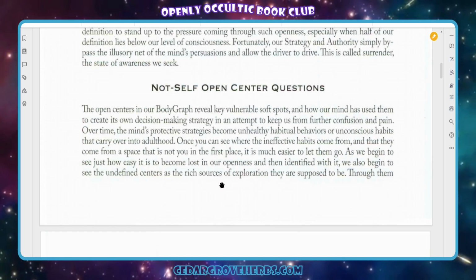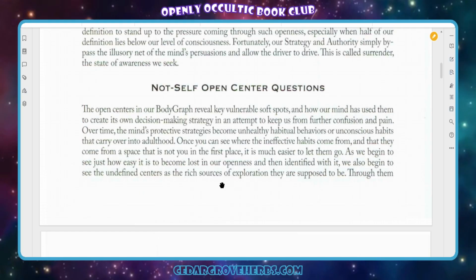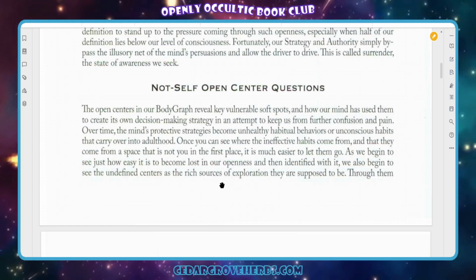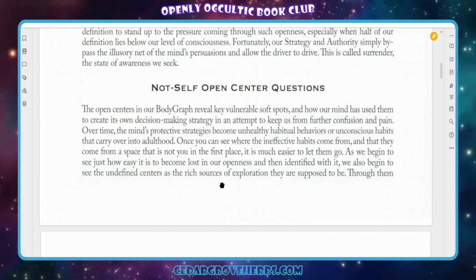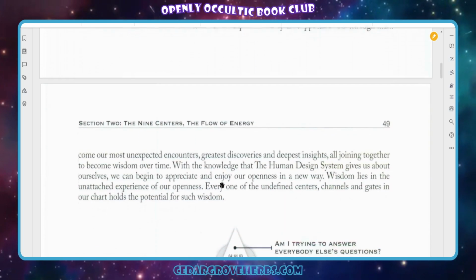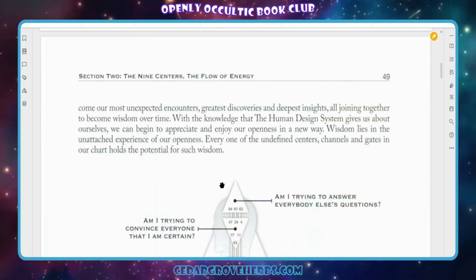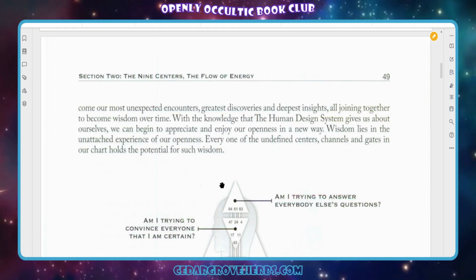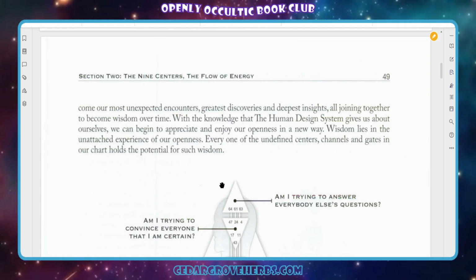As we begin to see just how easy it is to become lost in our openness and then identify with it, we also begin to see the undefined centers as the rich sources of exploration that they're supposed to be. Through them come our most unexpected encounters, our greatest discoveries, and deepest insights, all joining together to become wisdom over time.